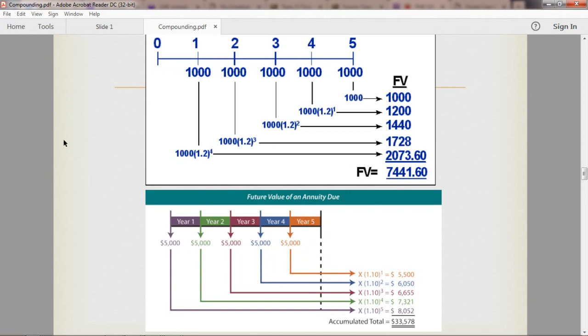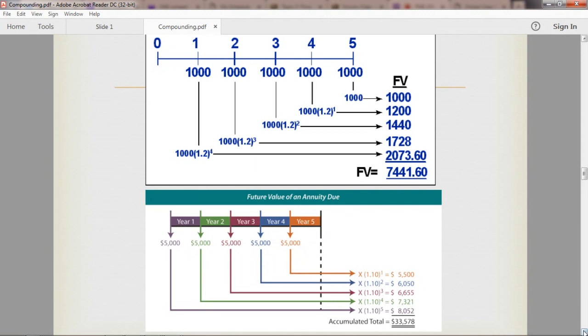In this case, n is 5, but the maximum number of compounding is 4, right? And actually, this one has zero compounding. In other words, you can think of it as 1,000 times 1.02 raised to 0. And anything raised to 0 is 1, right? It's just the same thing.